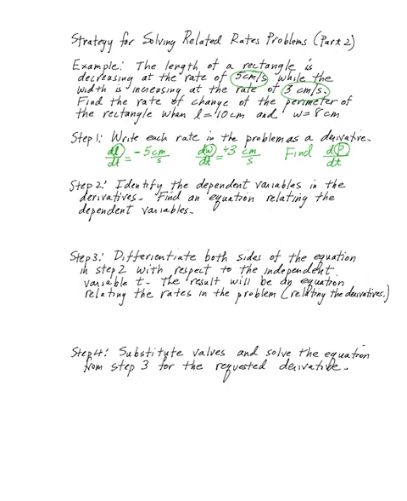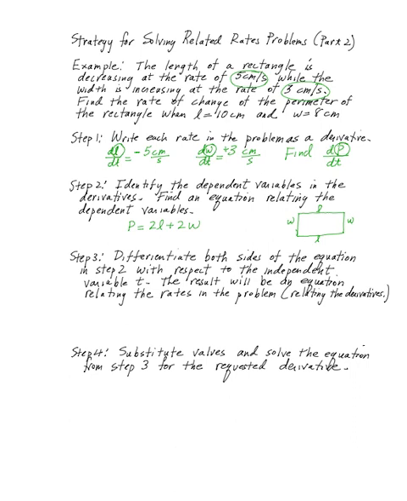So I need an equation that relates these dependent variables. How are the length and width and perimeter related? Well, what is the shape here? It's a rectangle, isn't it? And we know that twice the length plus twice the width is the perimeter. So the perimeter is 2L plus 2W.